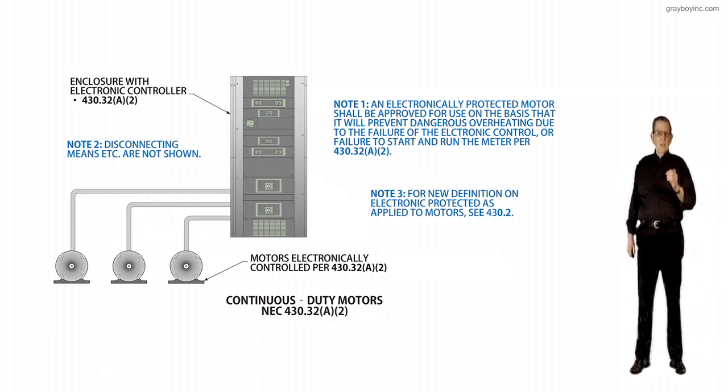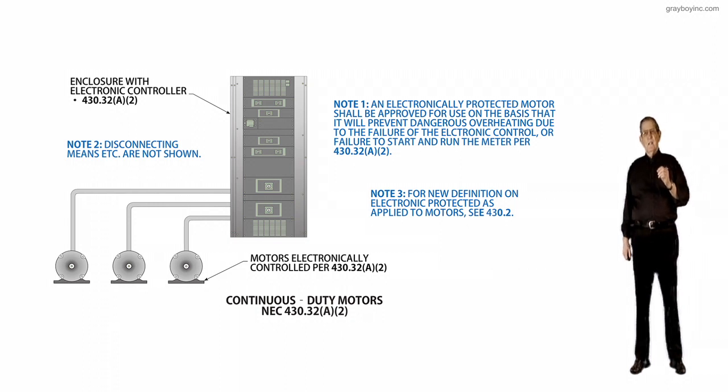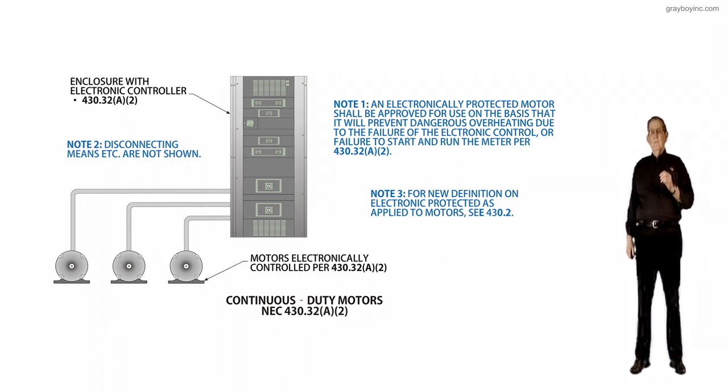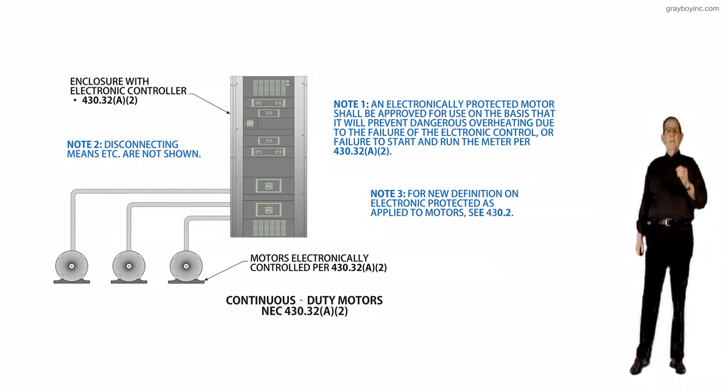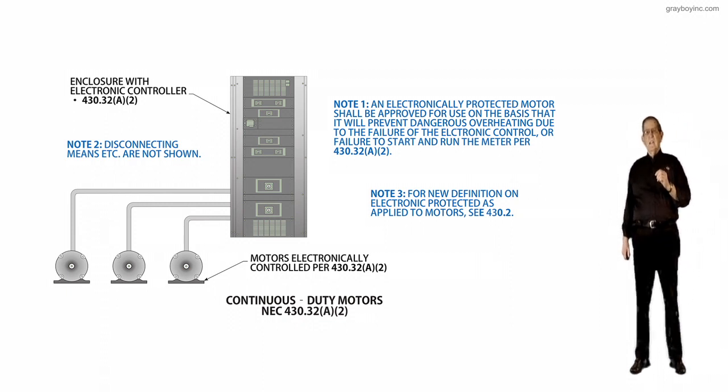Also, the definition of electronically protected motors has been added to 430.2 with those definitions there, and is similar to the definitions for thermally protected from Article 100. Since electronic protector is not a commonly used term, it is not being defined in the definition of thermally protected, which combines the concept of thermal protector and thermally protected into one definition.